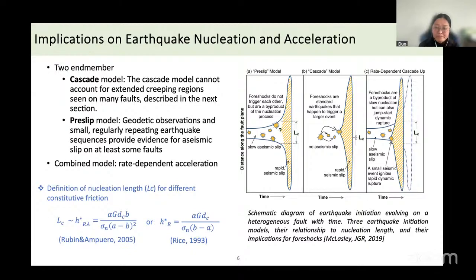But this is all from the theoretical stage. So now, has this been firmly observed in the real world?